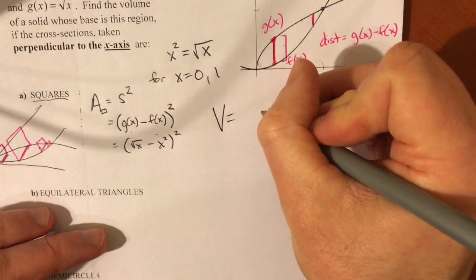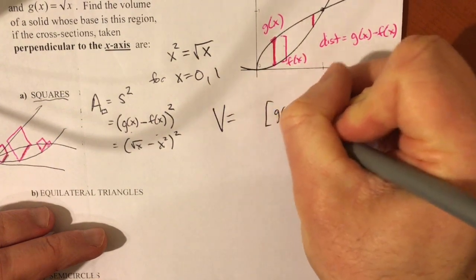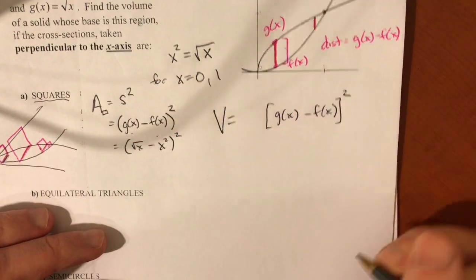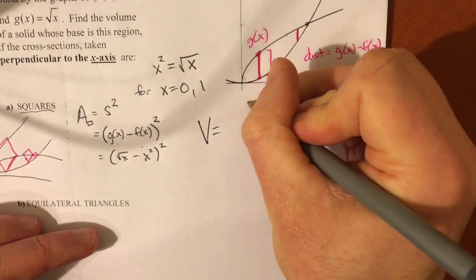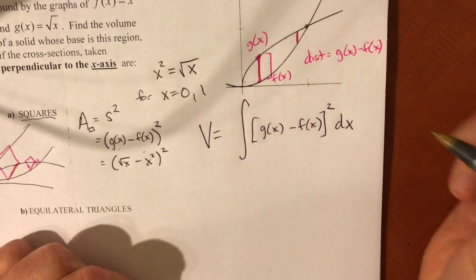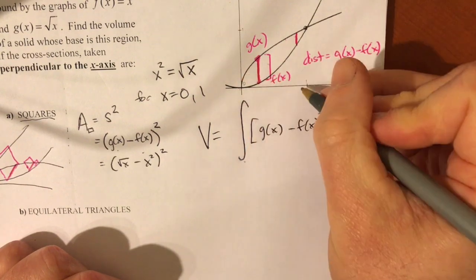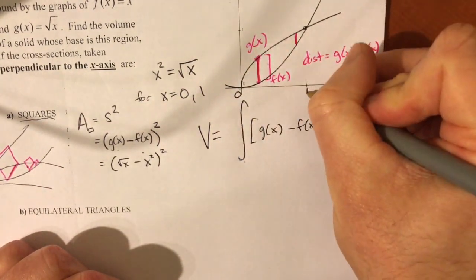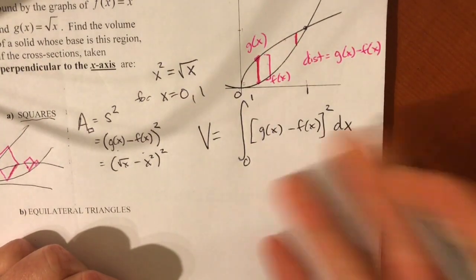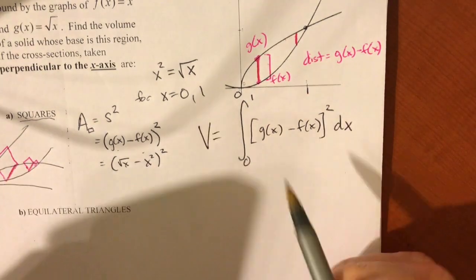So if you can describe the area, and mine is g of x minus f of x squared, that's one square, then I'm going to integrate with respect to x, so dx. And what are the boundaries of my region? From 0 to 1. This whole problem, it's gone 0 to 1. And when you do that integral, that's your volume. Very cool, right?